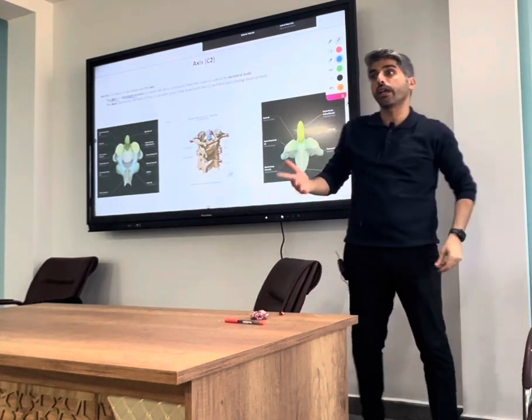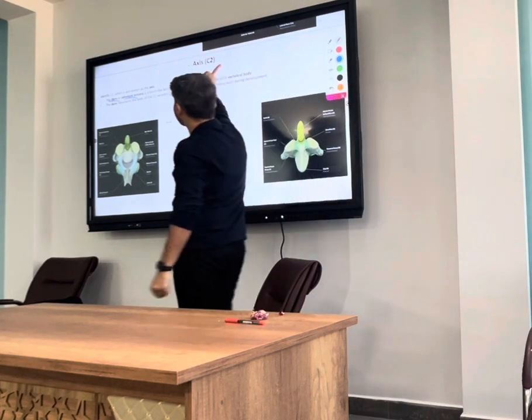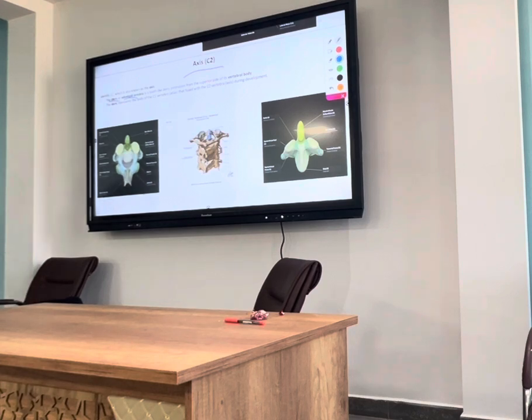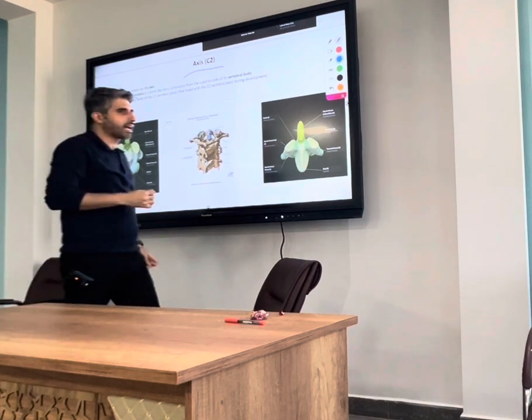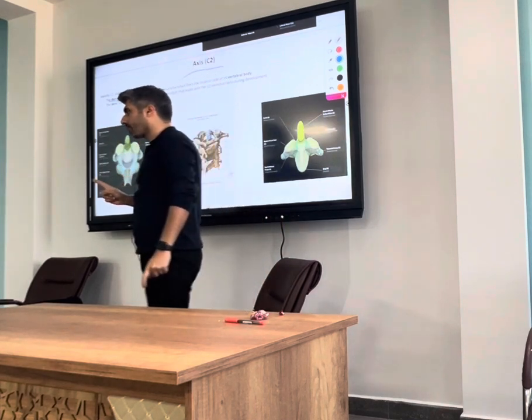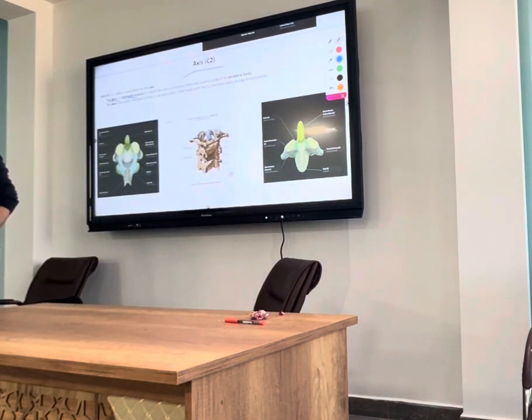So the name of C2 is axis. Again, it's atypical, okay? Because it has the dens process, the extra process. So why does it have this process going up? Because C2 attaches to C1.